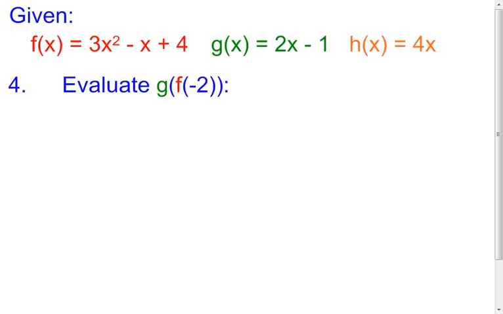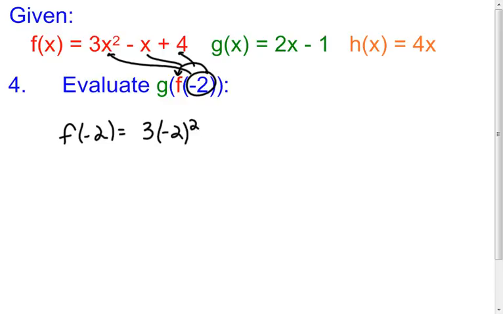Okay, and then similarly here, this is written a little bit differently, but it means the same thing. So here you're going to take -2 and plug it into F's equation wherever you see an X. F of -2 would be 3 times -2 squared minus -2 plus 4.